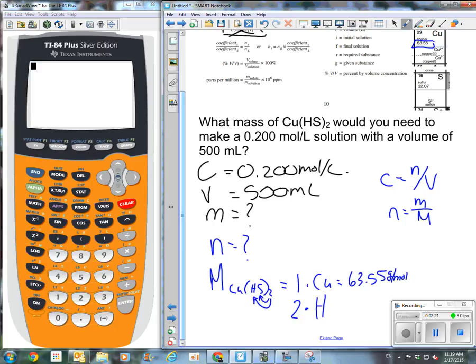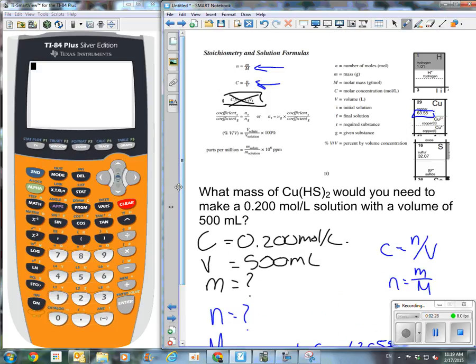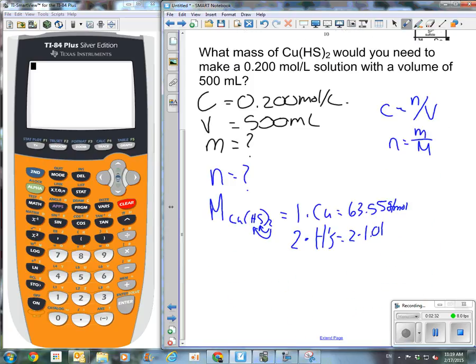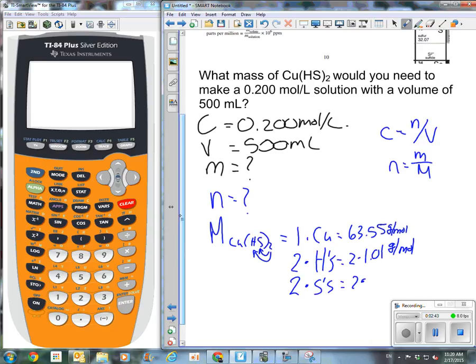So 2 hydrogens is going to be 2 times 1.01 grams per mole. And then I have 2 sulfurs, so 2 times 32.07.